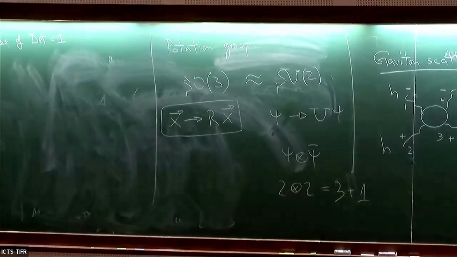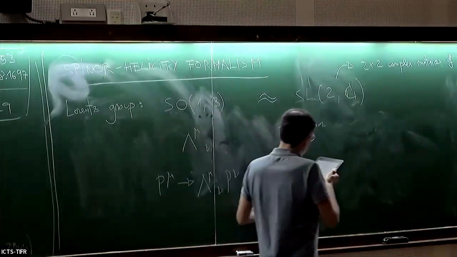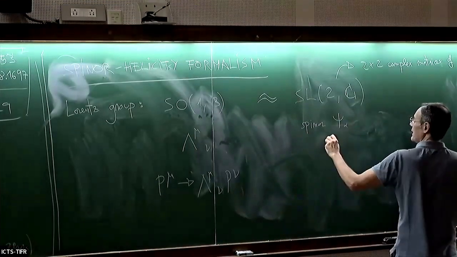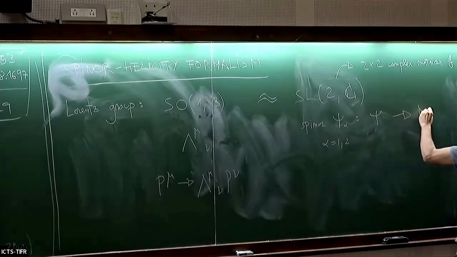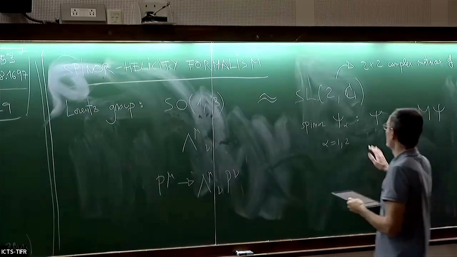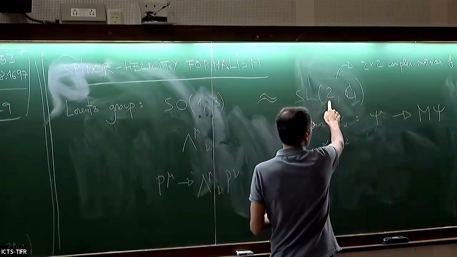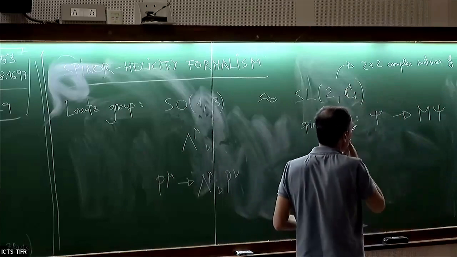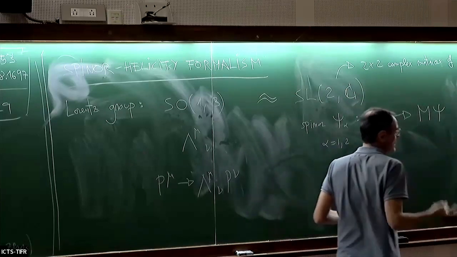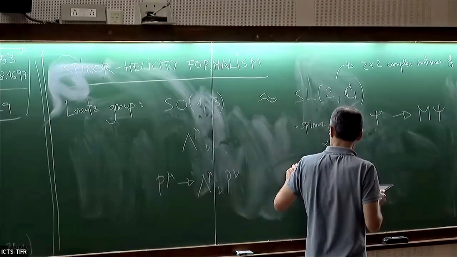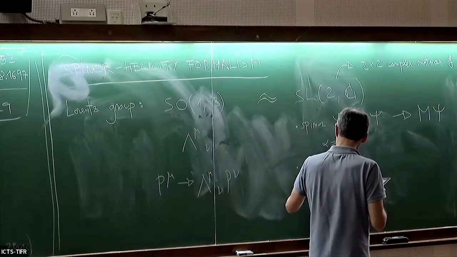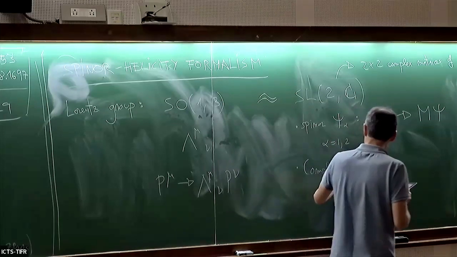So here I have a spinor psi alpha, with alpha going from 1 to 2, and it transforms by some matrix M. This is the fundamental representation of this group, the 2 by 2 complex matrices acting on a spinor, a representation of two components. And I will also be interested in the complex conjugate spinor.